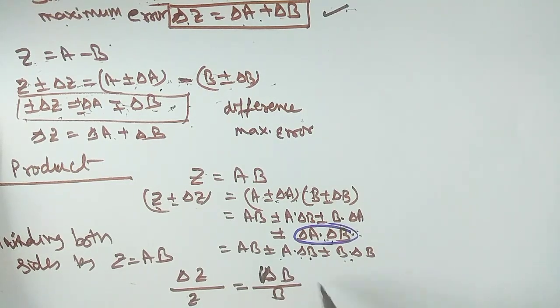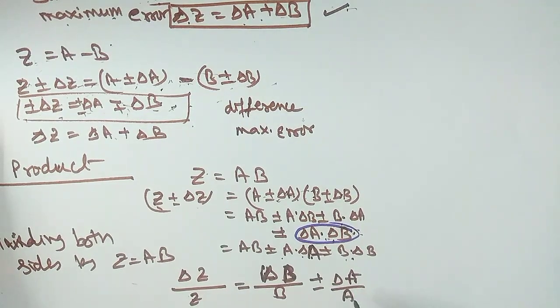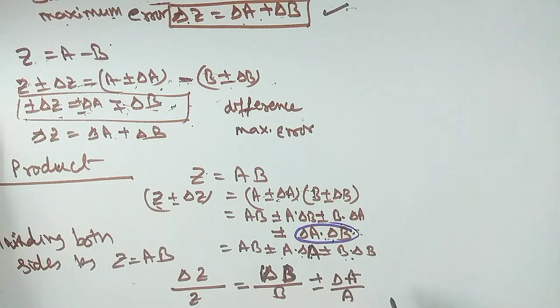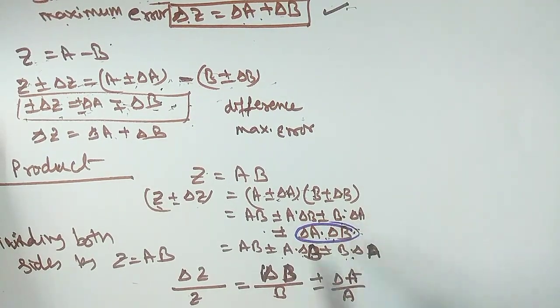So plus minus, we can write delta A upon A. If we divide both things here, it is the B delta A. Now multiplying, I am writing this one.